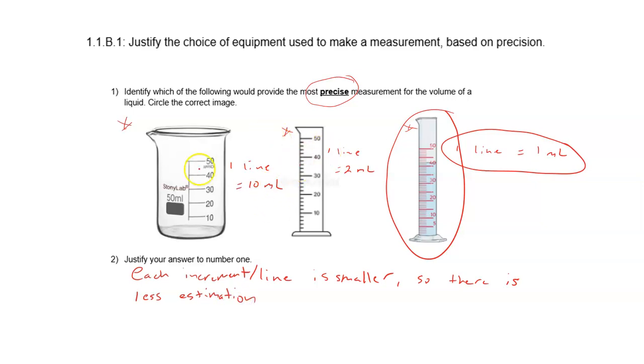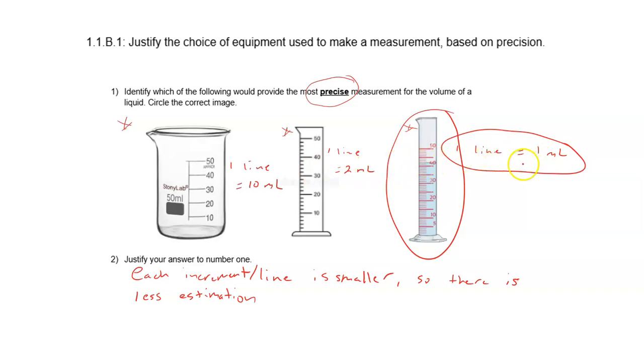Over here, you'd be guessing probably to the nearest 1 milliliter, and you might be off by 1 or 2 milliliters on this one. Over here, it's every 2 milliliters, so not bad, but still there's a little more estimation in between those lines.